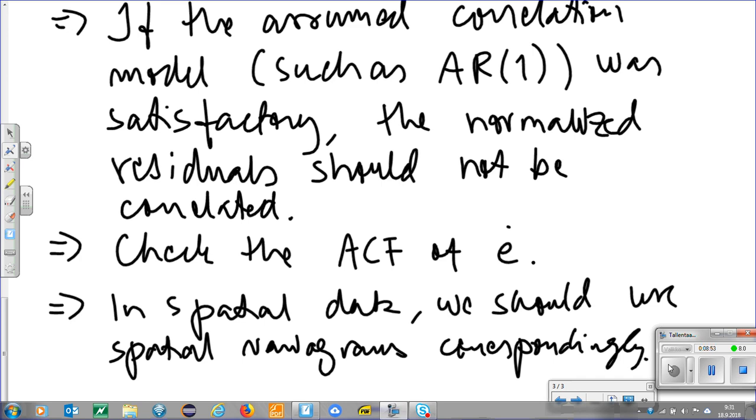And about the group data, we will learn more in the later lectures of this course.